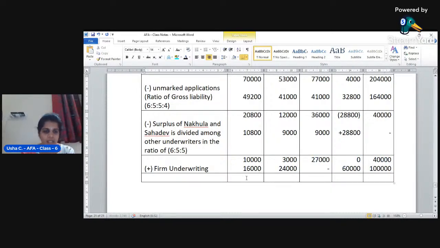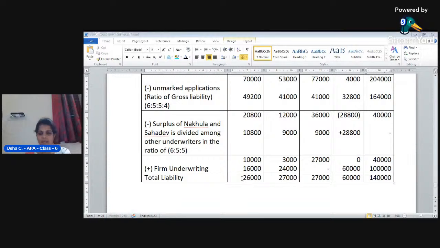Now the total liability is 26,000, then 27,000, 27,000, 60,000, then 1,40,000 is the total.